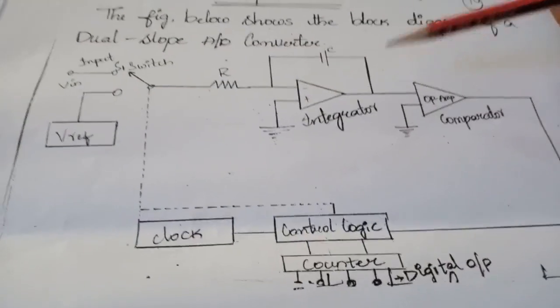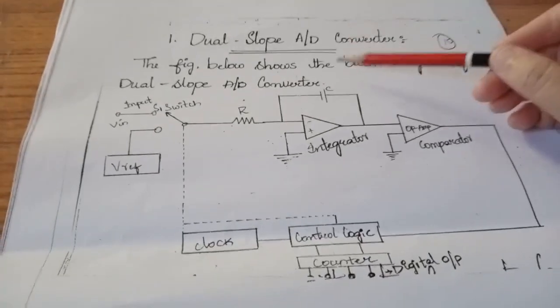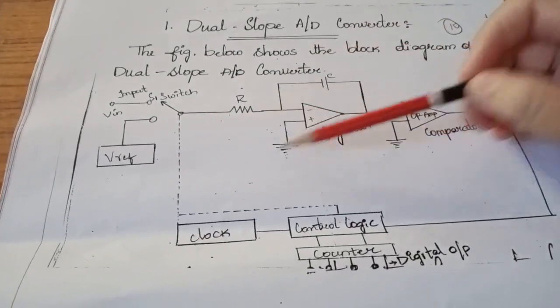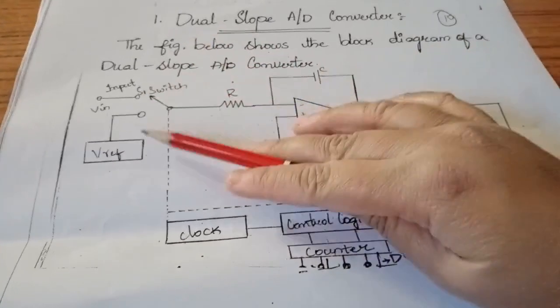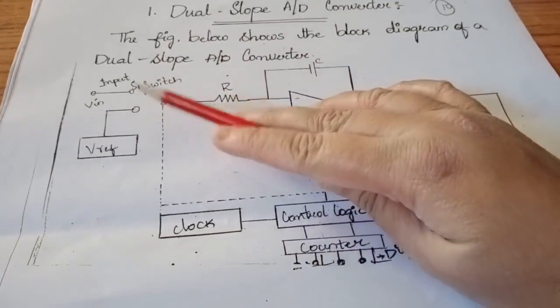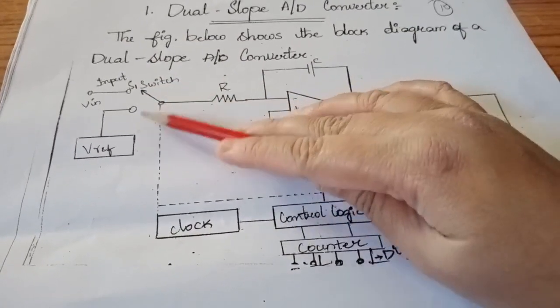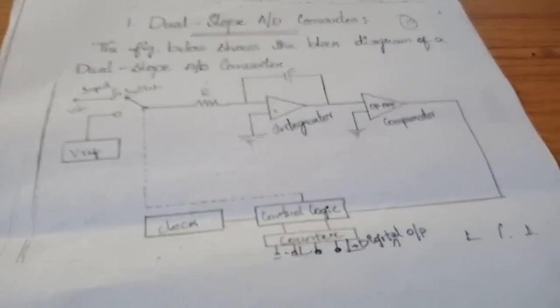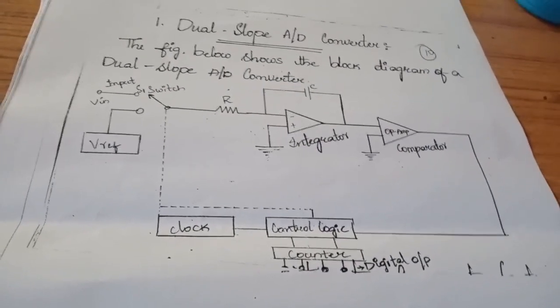Before going to that, first you see the block diagram of the dual slope A to D converter. Now there is the reference input and the variable input. The switch will be connecting to the reference input as well as to the main input.